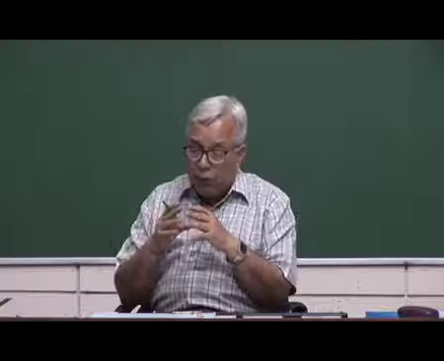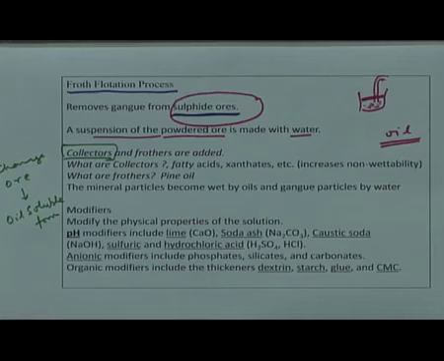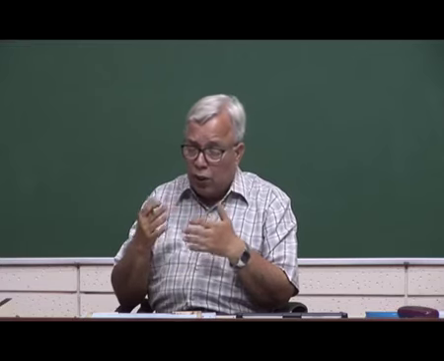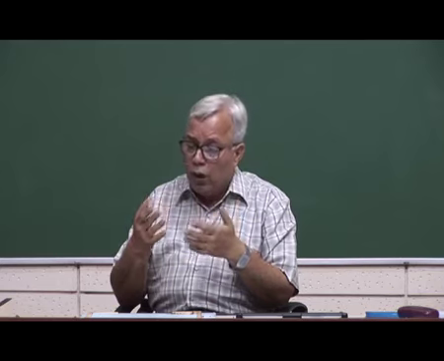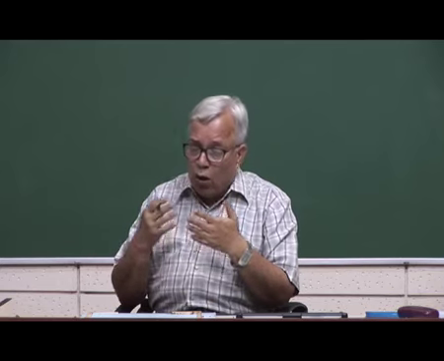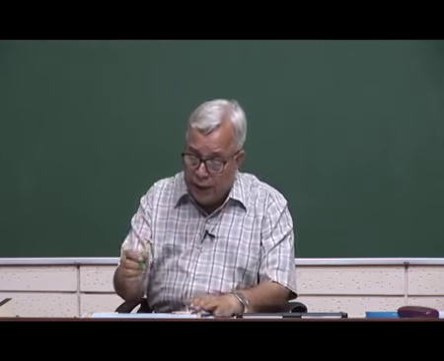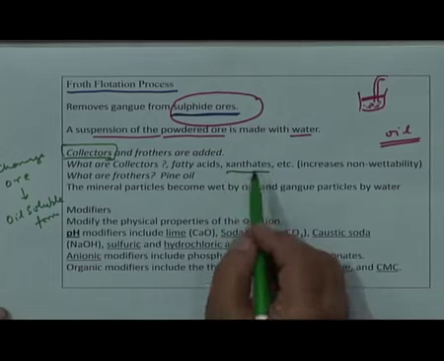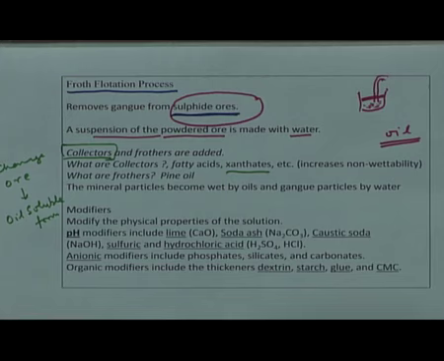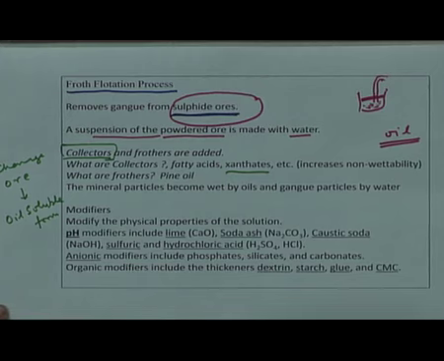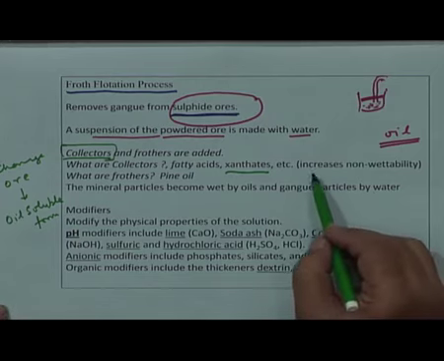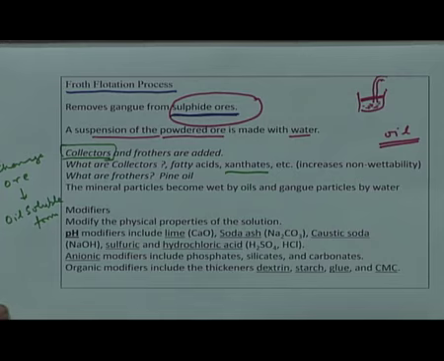The principle by which these collectors increase the solubility of the ore in the oil is that the ore has a metal ion. So, if you are using a complexing agent like xanthate, a complex will be formed. The complex may be more soluble in oil. Fatty acids may also complex with the metal ions, and they increase the solubility in oil.